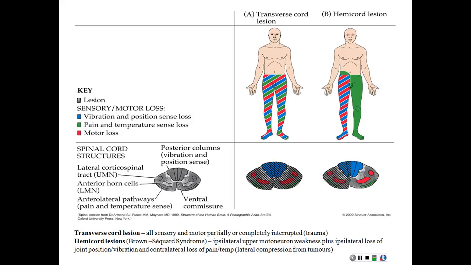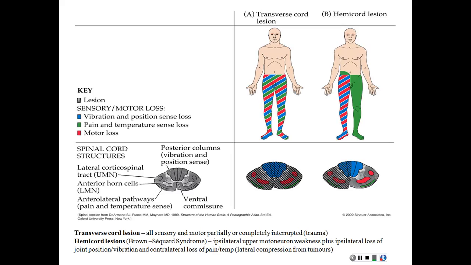So do you kind of get it? So at the site of injury, our pain axon that's coming into the spinal cord is disrupted. So that's not even getting the information into the spinal cord. So that's why you have the little patch of green on the affected side.